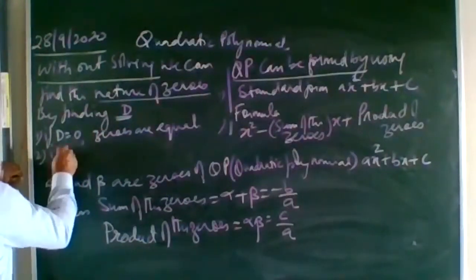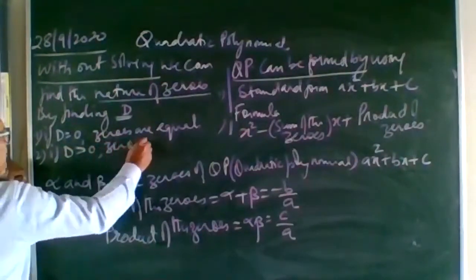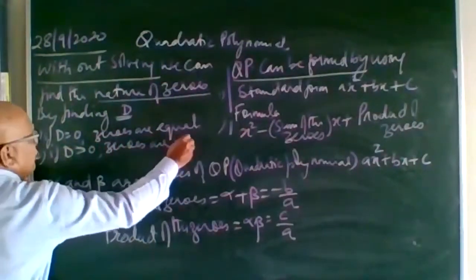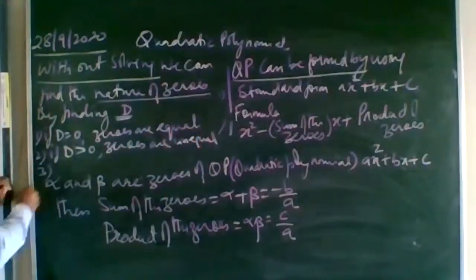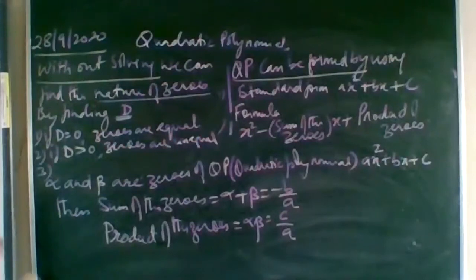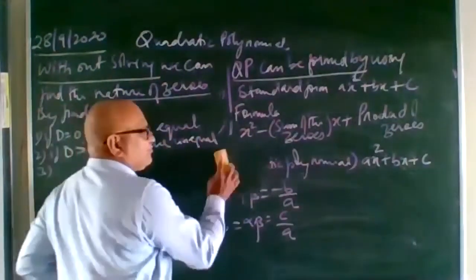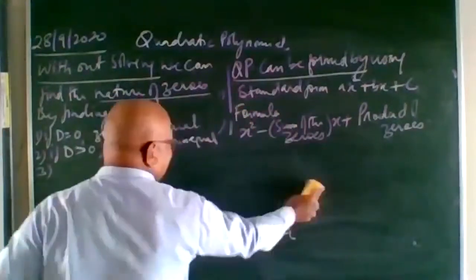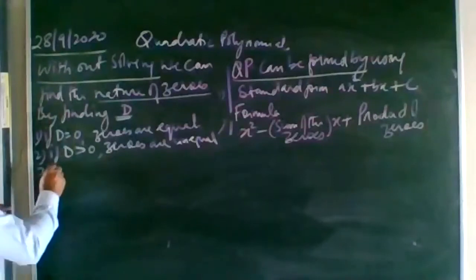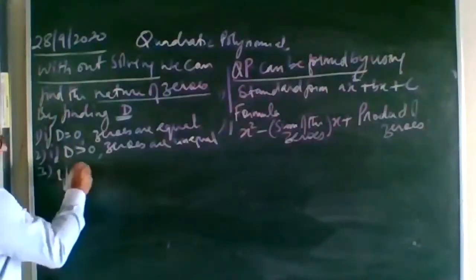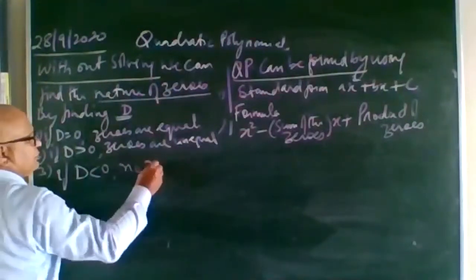Second, if D greater than 0, zeros are unequal. Third, if D less than 0, no zeros.